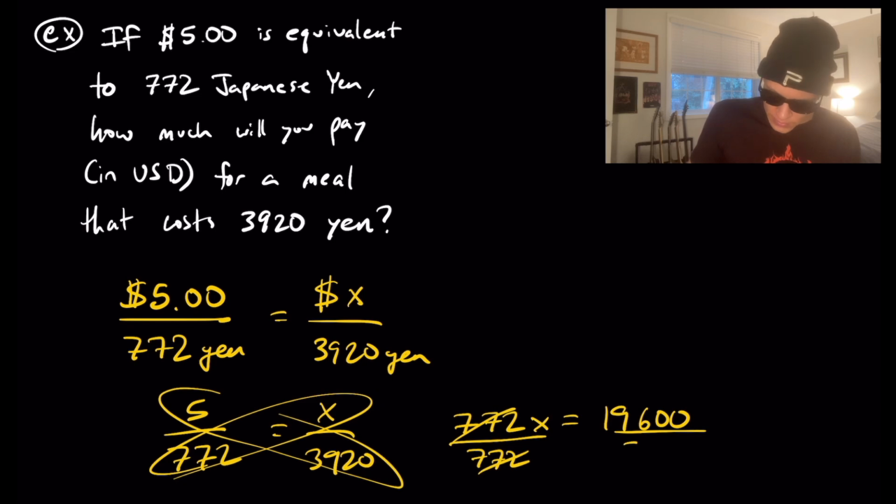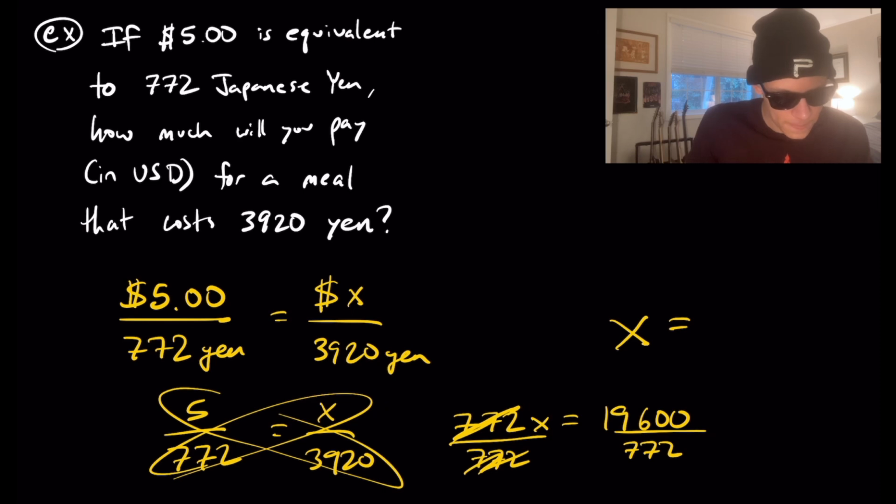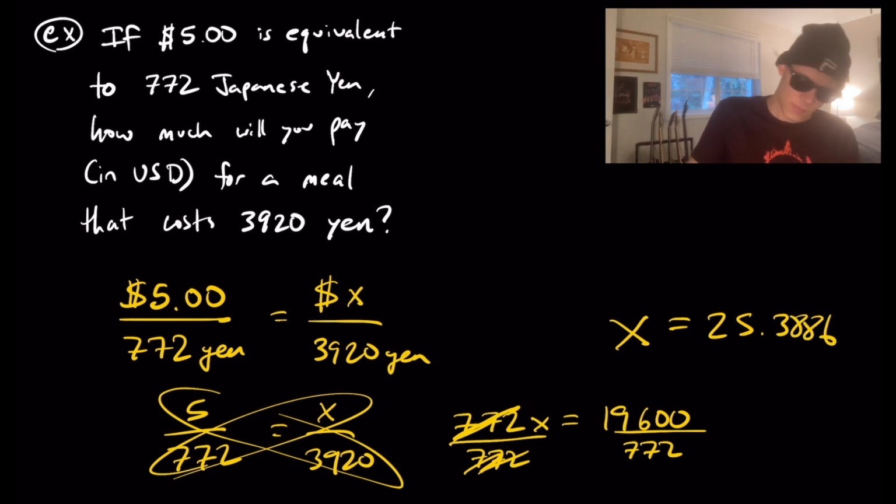I'll divide both sides by 772. So again, those cancel here. So I will have x is equal to 19,600 divided by 772, which is 25.3886.